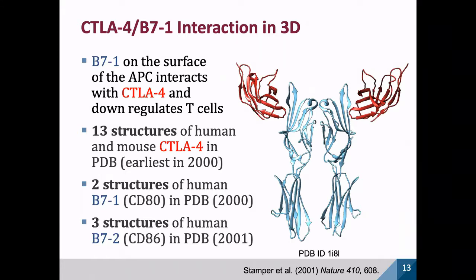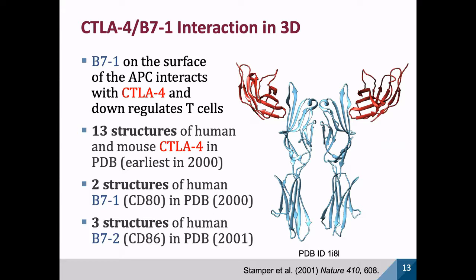So if you have a tumor cell that has this protein on its surface and a non-self antigen is presented to the T cell receptor, it's quite likely that the T cell will say, okay, I recognize that this is not a self antigen, but I'm not going to kill the cell that's presenting it because I'm receiving this downregulatory signal as a result of the interaction of B7-1 with CTLA4 sitting on the surface of the T cell.